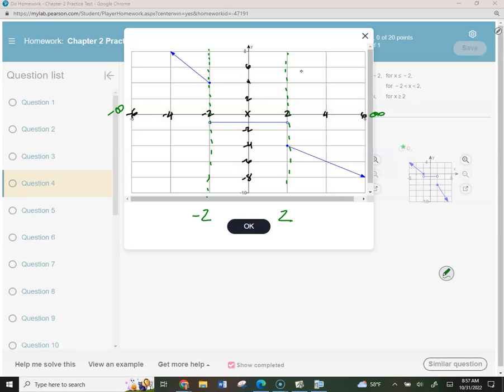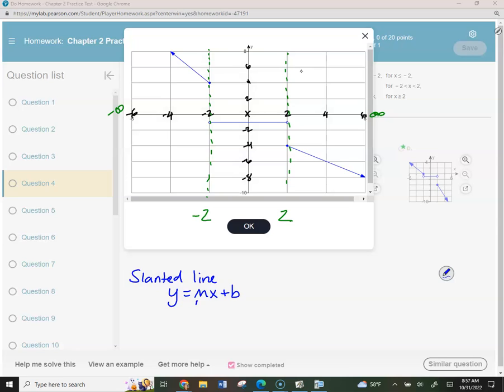Then you say to yourself, how do I get the equation of that line? To get any slanted line, you need y equals mx plus b. You're going to read the slope from the line by reading the rise over the run, and you're going to read the y-intercept from the line by seeing where it crosses the y-axis.